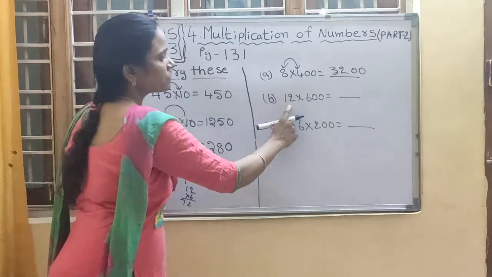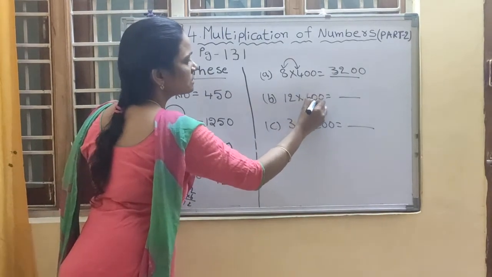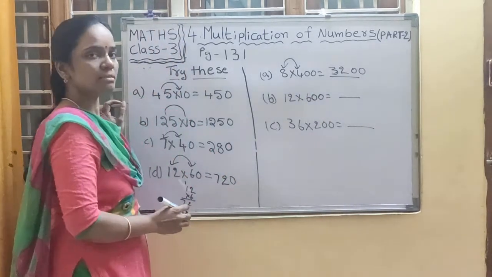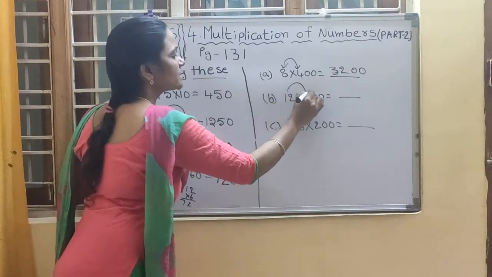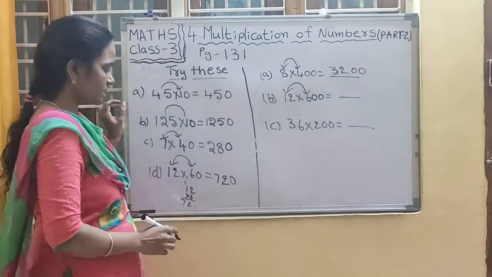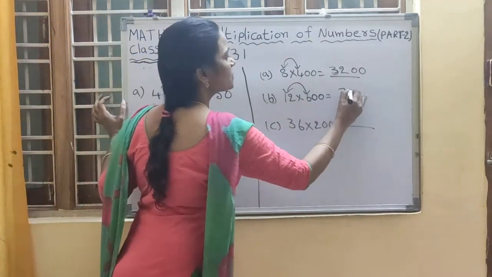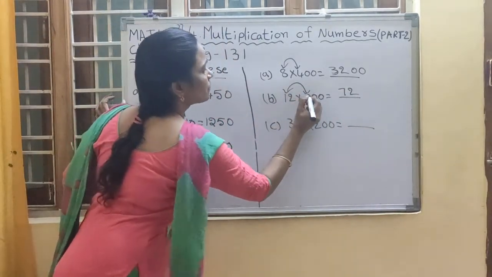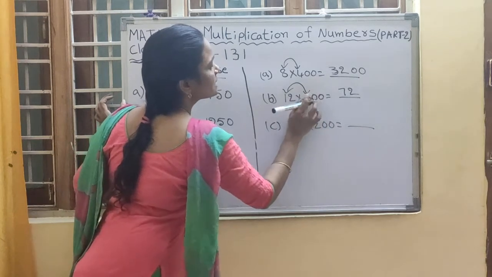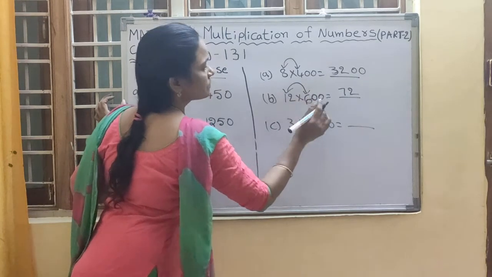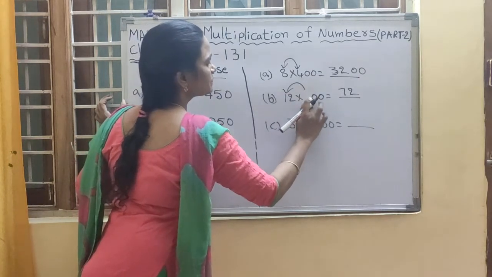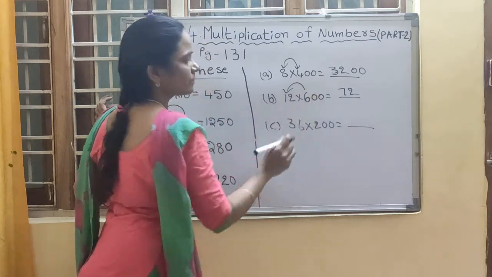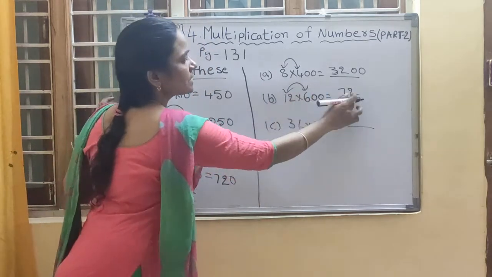Next, 12 into 600. What is the answer? First, 12 should be multiplied by 6. 12 6s are how much, children? 12 6s are 72. How many zeros do I have to write now? This is B. 12 6s are 72.